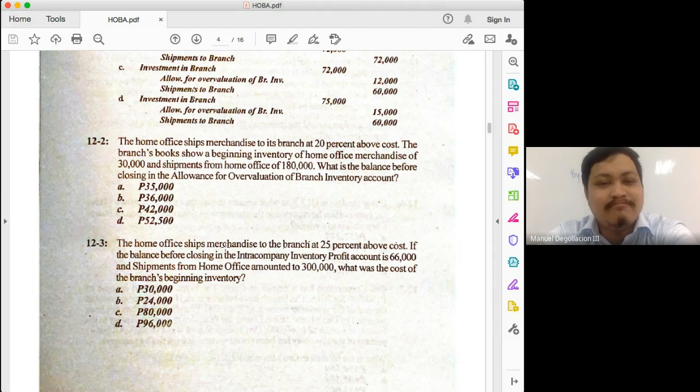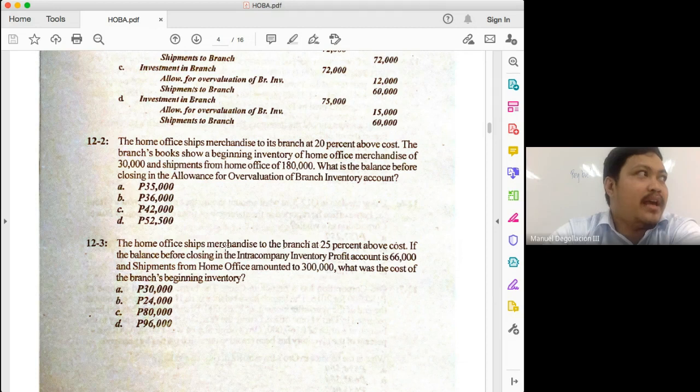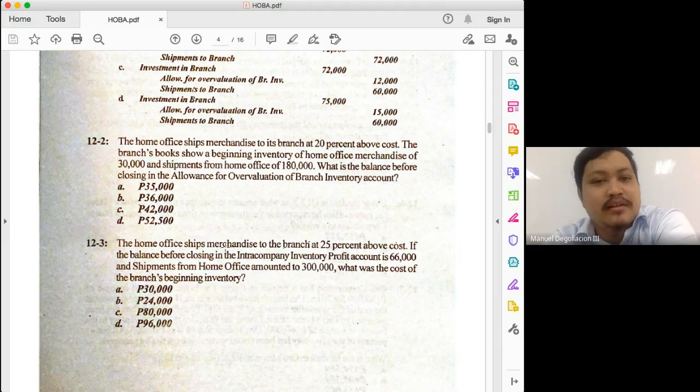And then shipments from home office, 180,000. What do we do with the 180,000? Multiply it by 20%, or divide it by 1.2 and multiply it by 20%? We will have to divide 180,000 by 120% to arrive at the cost.